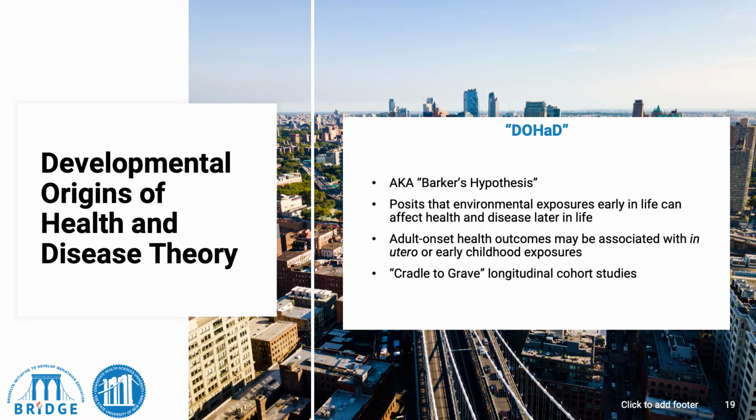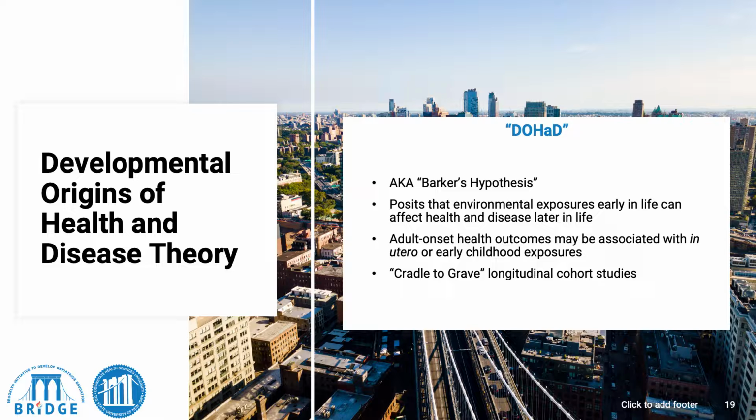And there's something called the developmental origins of health and disease theory. Once upon a time, the original person who developed this theory, his last name was Barker, and it's also been referred to as Barker's hypothesis.